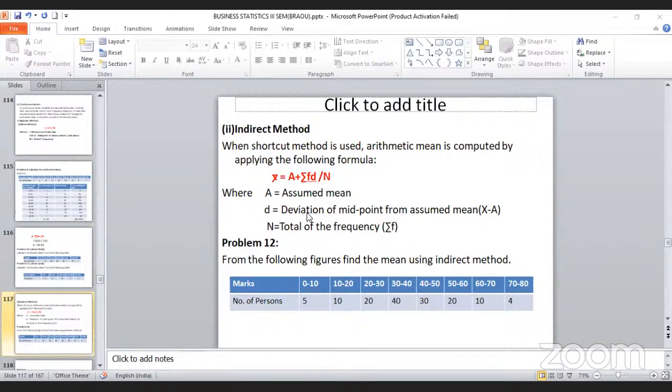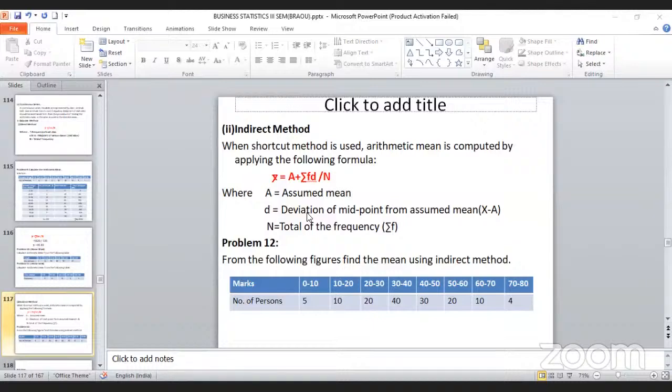Now, the indirect method. Here, what we did earlier was the direct method. See the formula: A plus sigma FD divided by N. Here, you have to assume A, and D means the deviation of the midpoint, and N is the total number of frequencies, that is sigma F. Is it clear?